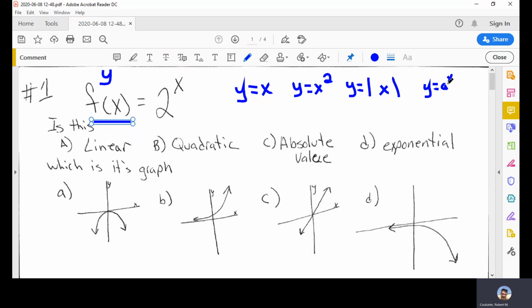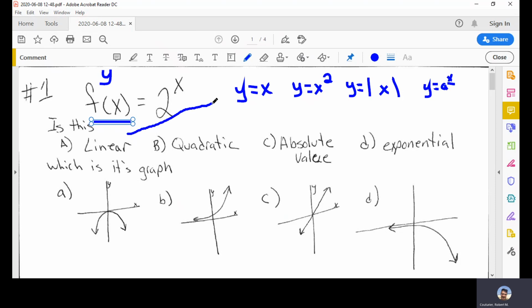Notice in this one here, our exponent is the independent variable. This is a line, the line y equals x. This is a quadratic function. This is the absolute value. Look, linear, quadratic, absolute value, exponential.